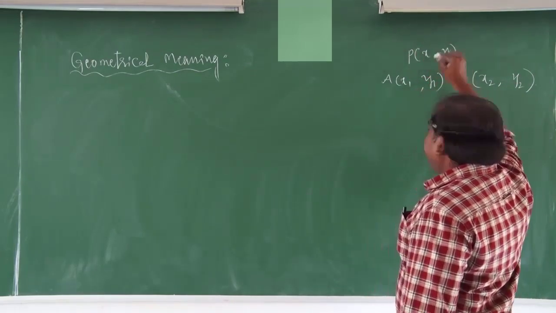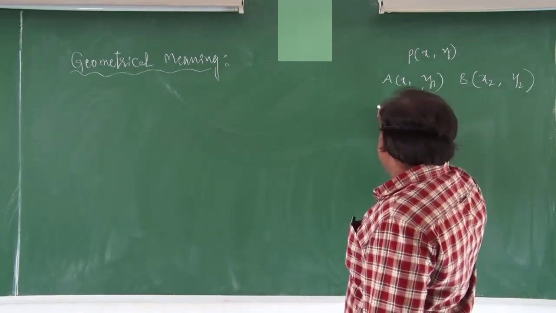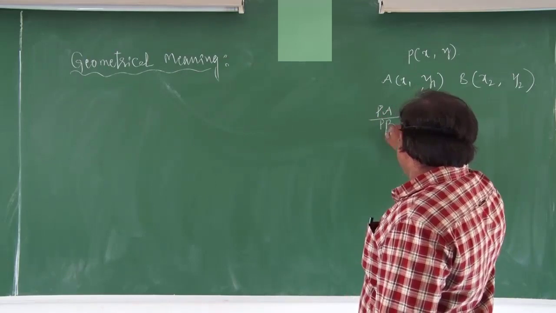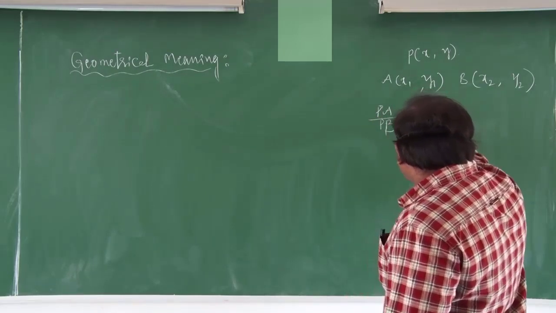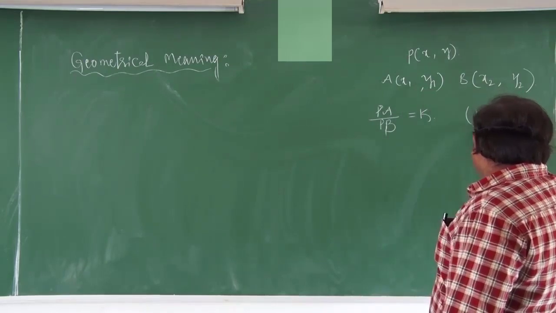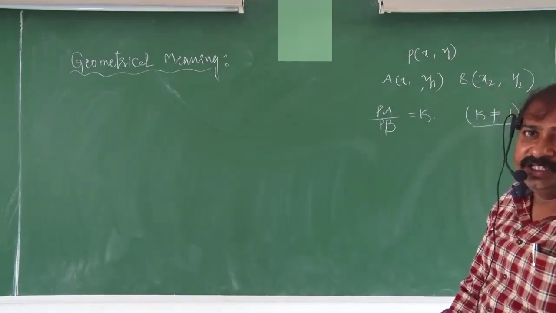Some P is the point (x, y). If they give PA by PB is equal to k, where k is not equal to 1, some positive value other than 1.